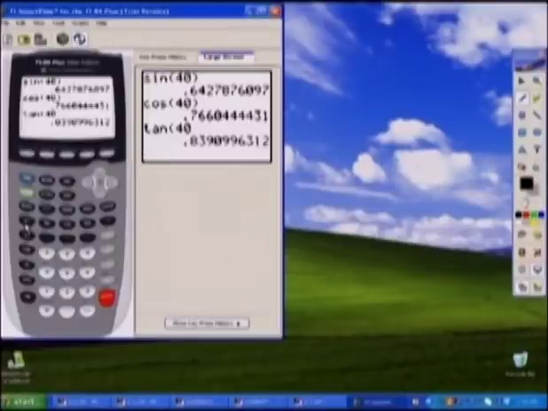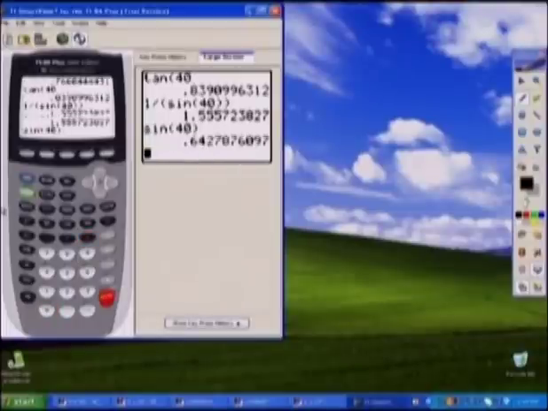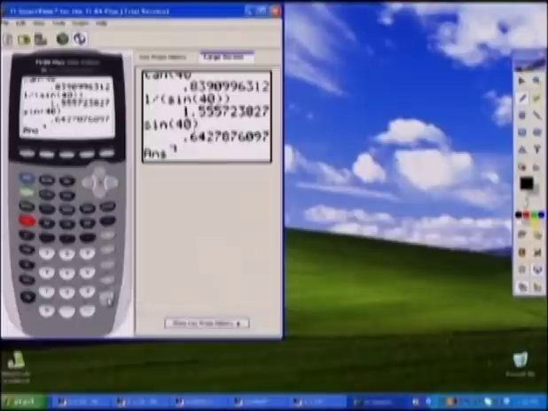So if I want to find the cosecant of 40 degrees, cosecant is the same as 1 over sine. So I've got a couple ways I can do that. I can start by taking 1 divided by the sine of 40, using my parentheses. Or I can take the sine of 40 degrees and then take its reciprocal, 1 over that value.